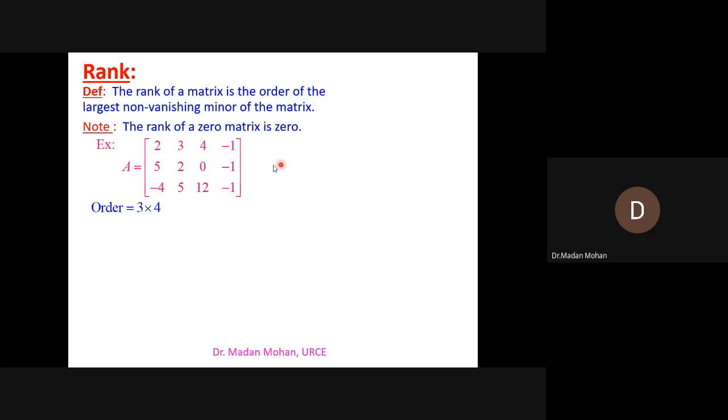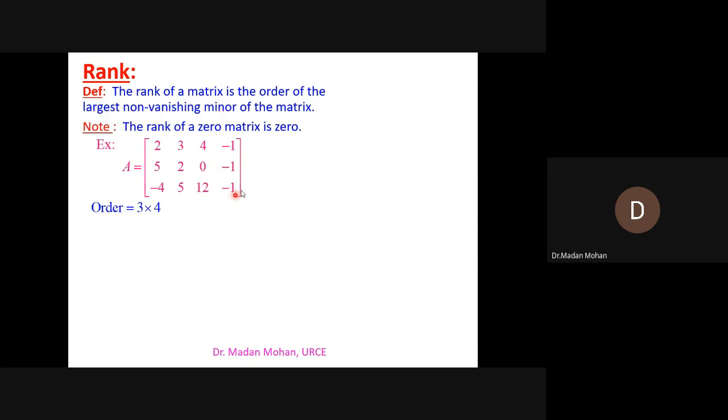Now, rank. To find the rank of this matrix, rank is a number basically. I require a minor. Minor means determinant of submatrices. Submatrix means delete certain rows and columns, the remaining is a submatrix. I require the largest non-vanishing minor.